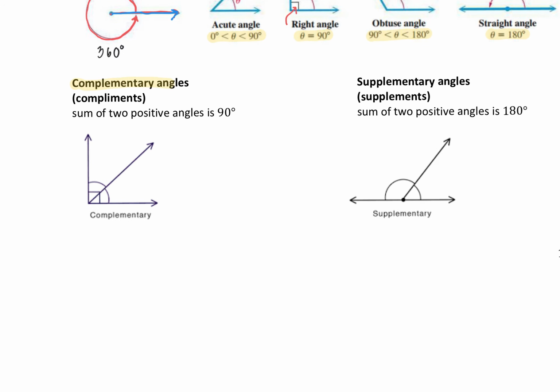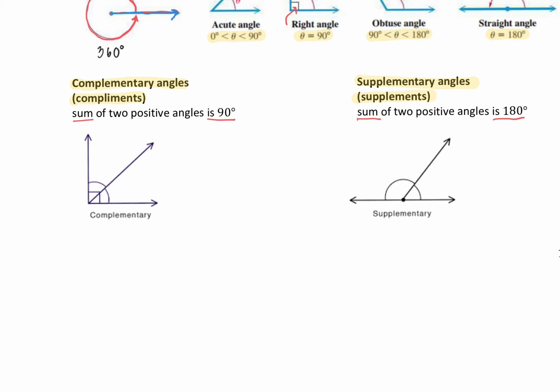Some other language that may come up: complementary angles and supplementary angles. When we say complementary angles, or angles that are complements of each other, that just means that if you were to sum them or add them, the total would be 90 degrees. When we talk about supplementary angles, or angles that are supplements of each other, if you were to sum or add them, they should equal 180 degrees.